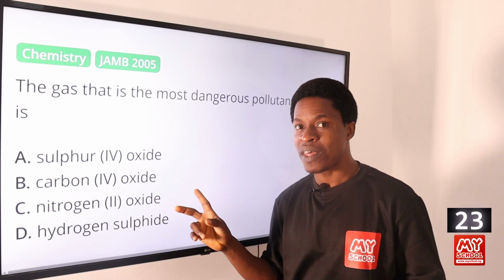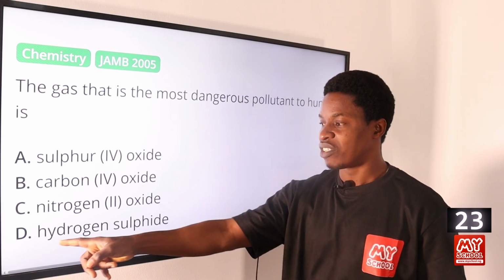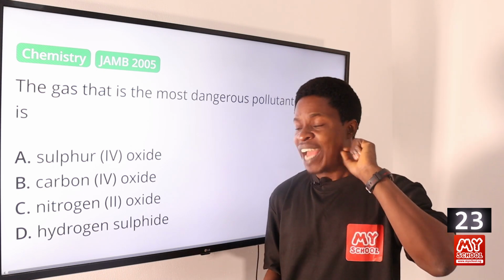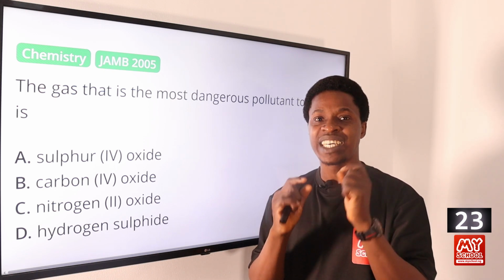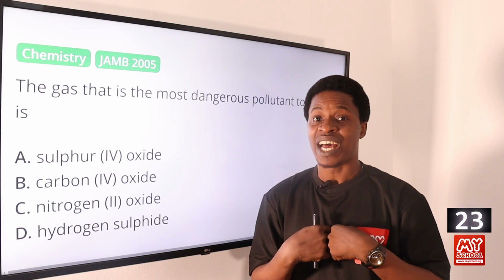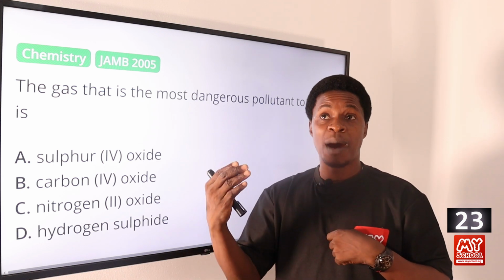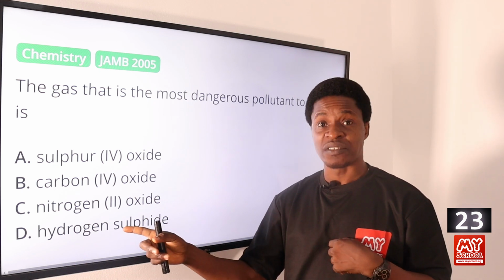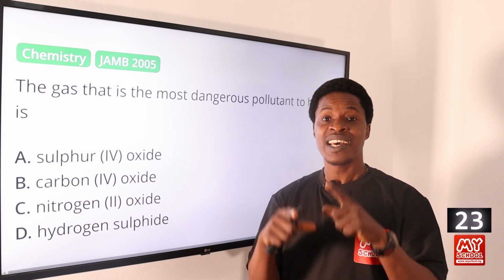But between the two of them, one is the most, because we are talking about the most dangerous. The most dangerous is hydrogen sulfide. I will tell you why. Hydrogen sulfide usually has a lethal effect on the human respiratory system. If it is inhaled, it has a lasting and rapid effect, almost like what carbon monoxide will do to the respiratory system. And not just attacking the respiratory system, it also attacks the CNS, the central nervous system.